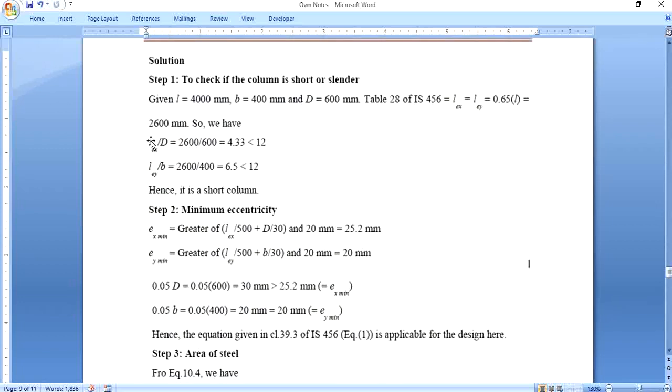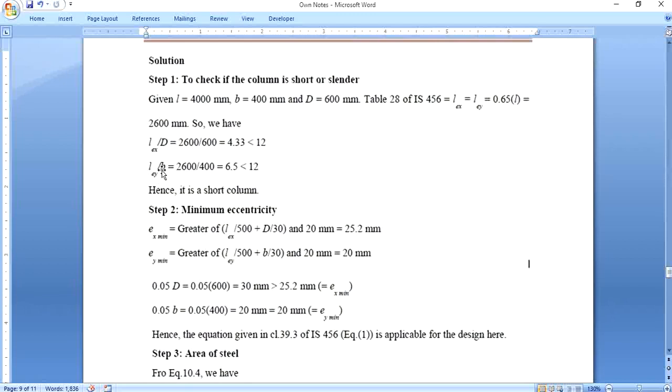So again we are going to confirm it, LEX divided by D. In X direction we are going to consider depth, in Y direction we are going to consider breadth. So it depends upon you. In X direction, LEX divided by D is 2600 divided by 600, so 4.33, which is less than 12.